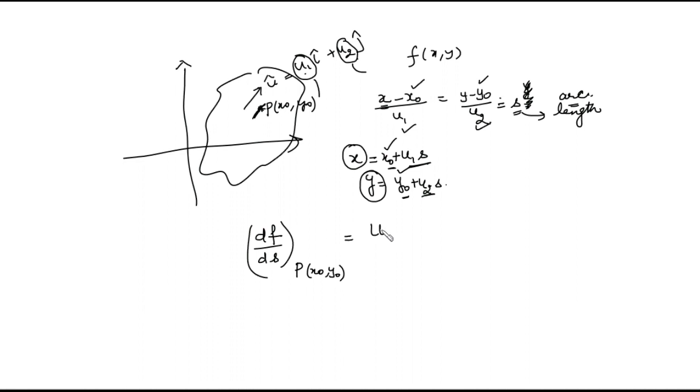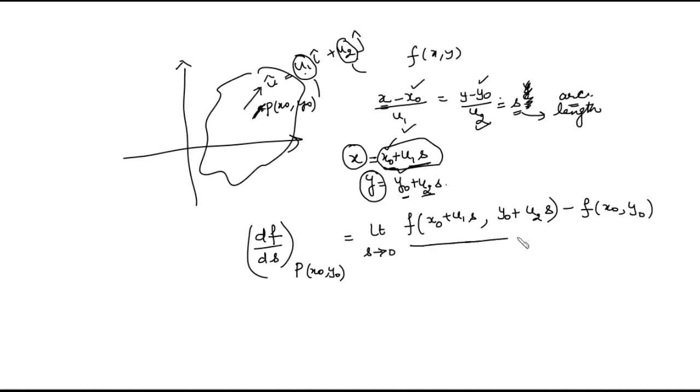So this will be what? It will be the limit s approaching 0, the function at the changed x and y along the direction u1, u2, minus the value of the function at x0 comma y0, divided by s, provided this limit exists.